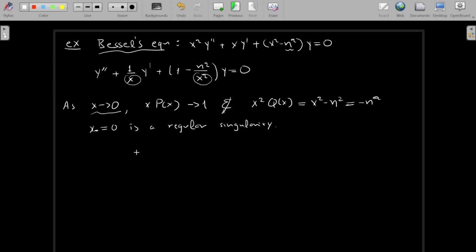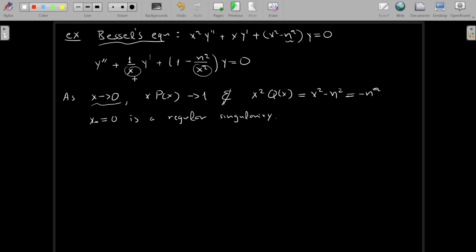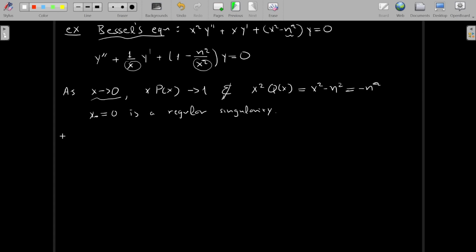So we checked the obvious point where Bessel's equation could have a regular or irregular singularity. But what happens as x goes to infinity?